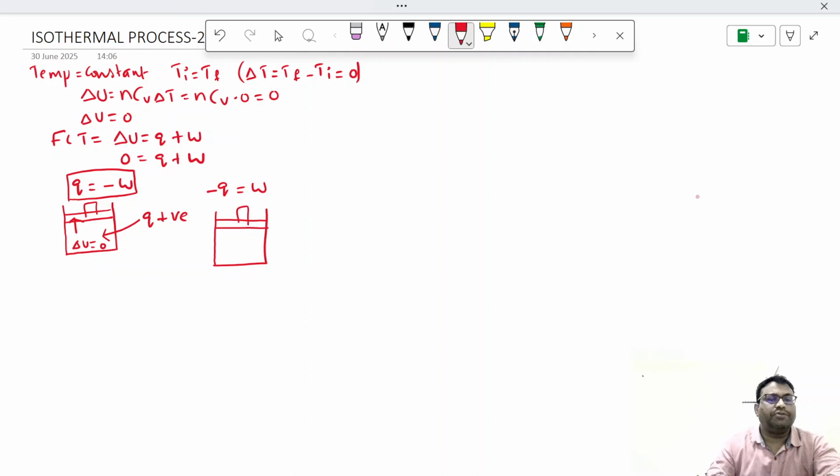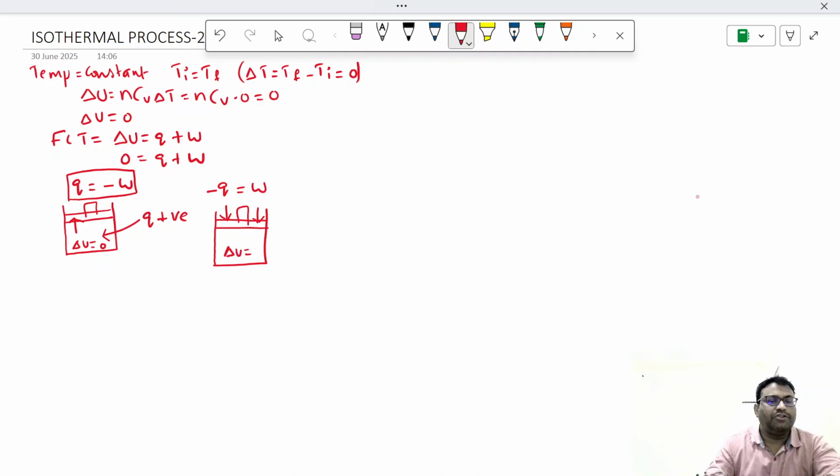Q negative means work done positive. Work done positive means work is done on the system. When work is done on the system, work done is taken as positive.